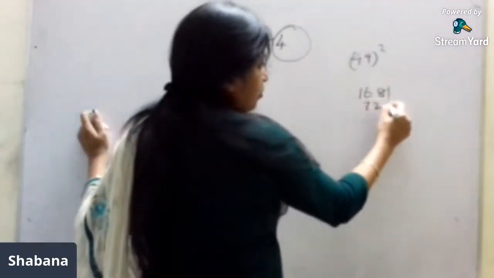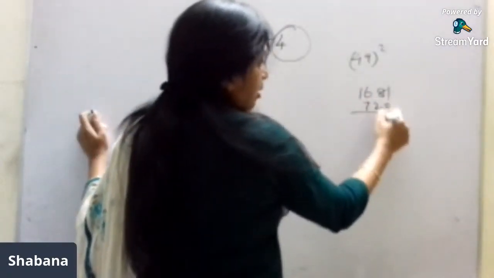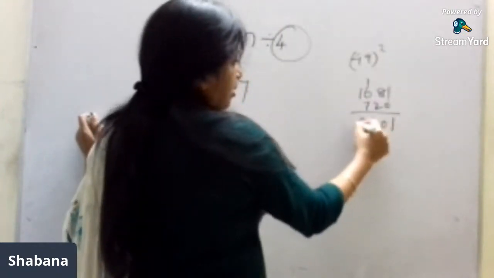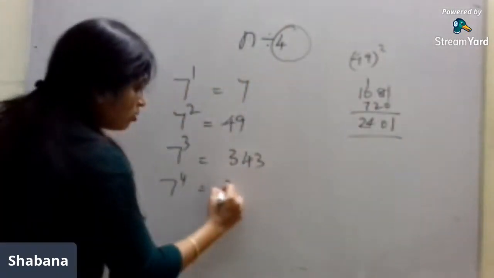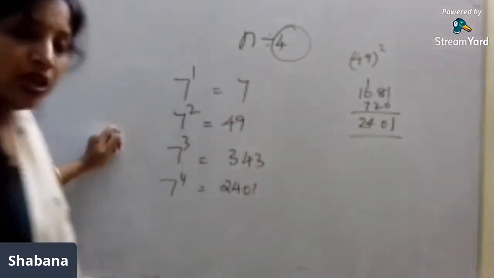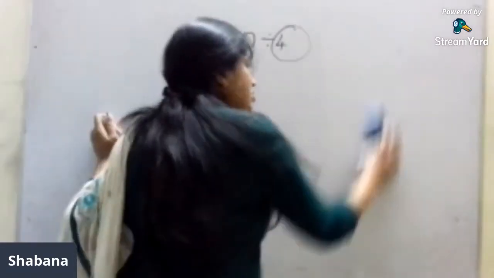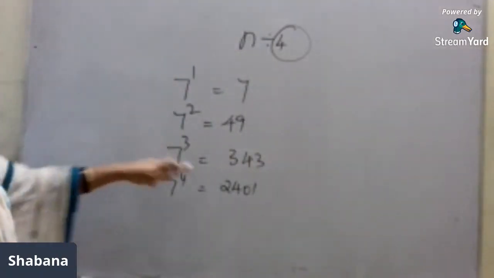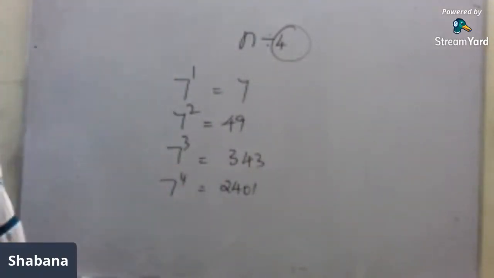So 2401 is your answer. So 7 power 1 is 7, 7 square is 49, 7 power 3 is 343, 7 power 4 is 2401.